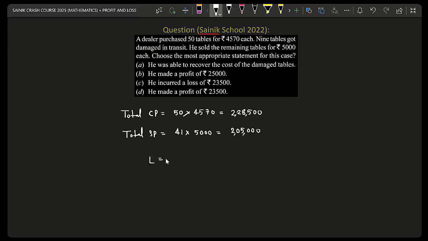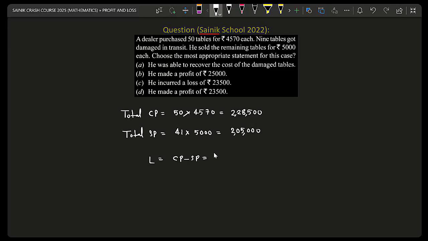Loss formula is CP minus SP. CP is 2,28,500 and SP is 2,05,000. Subtract and tell me the answer.